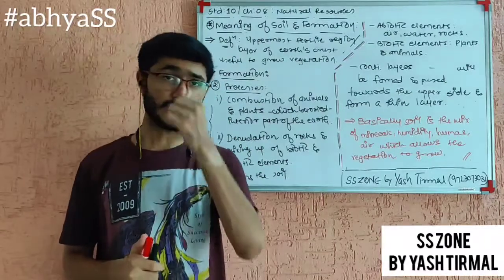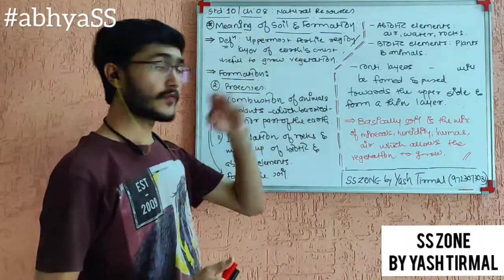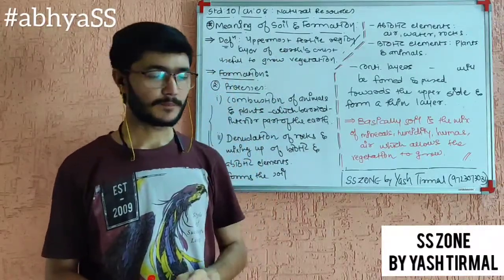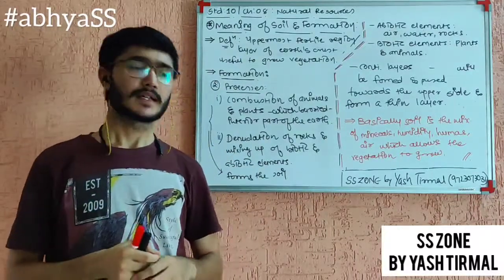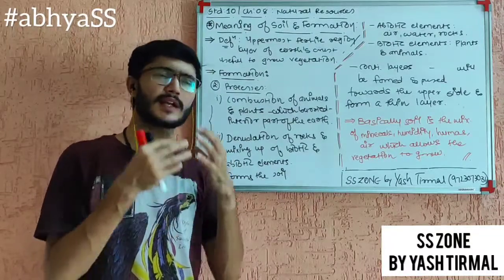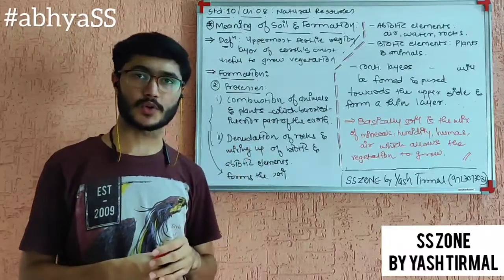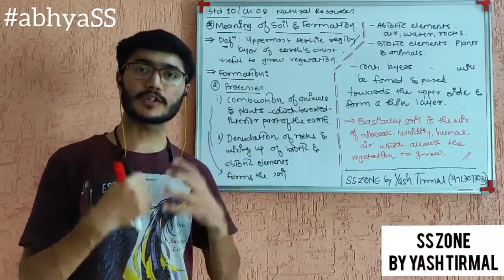I repeat, that is the uppermost layer of the earth, and which allows the vegetation to grow. That is very, very important. Now there is a question in our mind: if this soil allows the vegetation to grow, what kind of things allow this vegetation to grow? So how is the soil able to grow the vegetation?